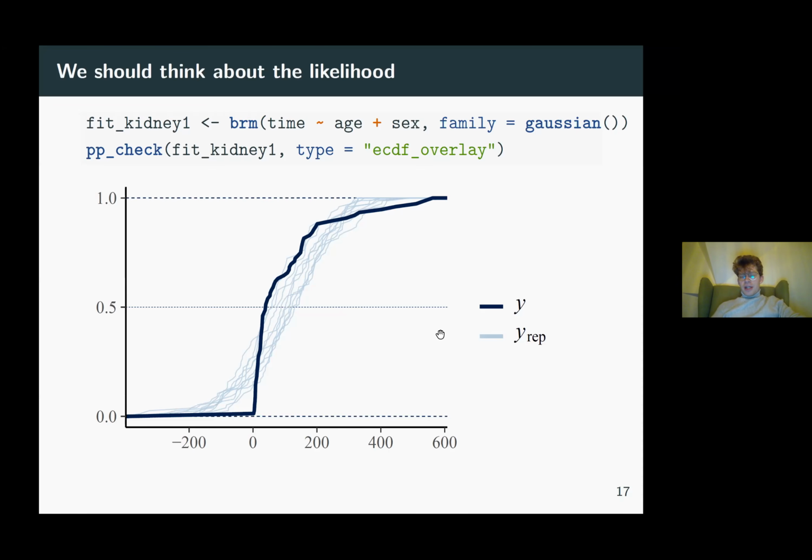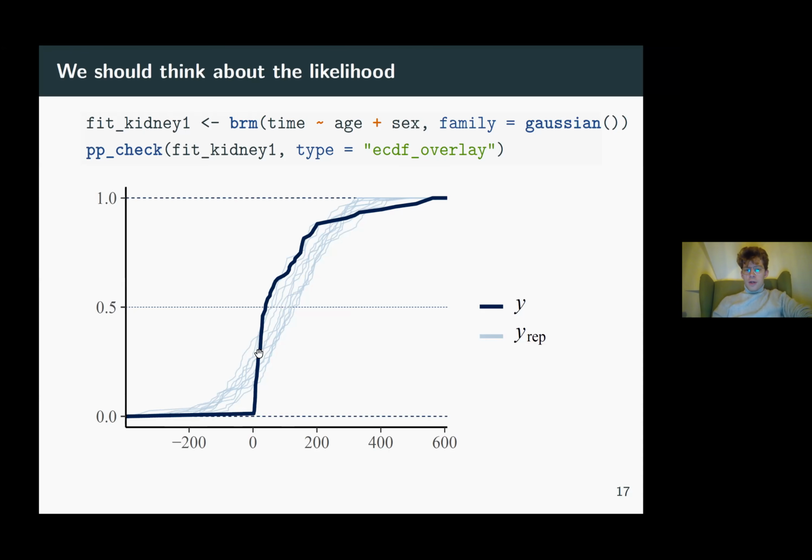And in particular, we see that the model actually makes negative predictions. So y rep is the responses predicted by the model, and a lot of which are actually negative. So we have like 10 repetitions of that ECDF, of the cumulative distribution function line, to reflect uncertainty in those predictions.